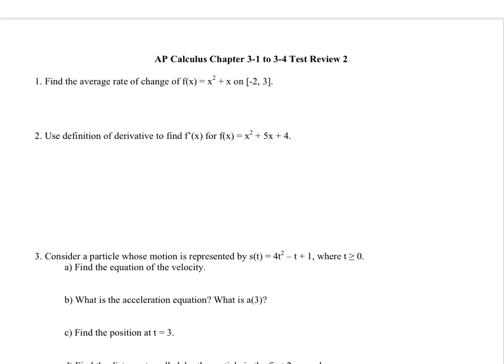So in this case, I'm going to take my f of 3 value minus the f of negative 2 value over the 3 minus negative 2. So it's just like saying delta x over delta t. We've got our values here. f of 3: when I put 3 in, 3 squared is 9, plus 3.